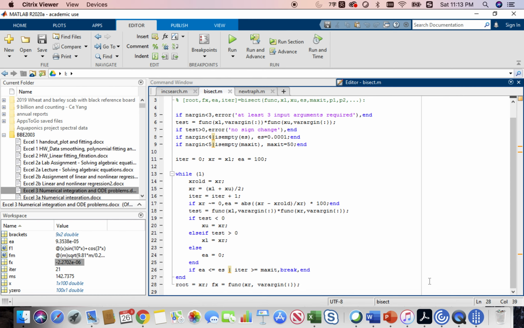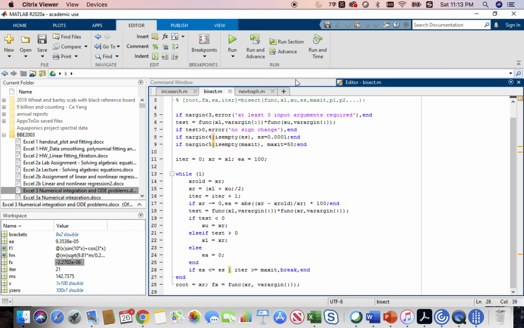And the while loop will break if the calculated error is smaller than the desired error, or if the current iteration exceeds the maximum allowable iteration. And in the end, we have root equals xr. So that's the root position. And also we calculate fx based on this xr value.